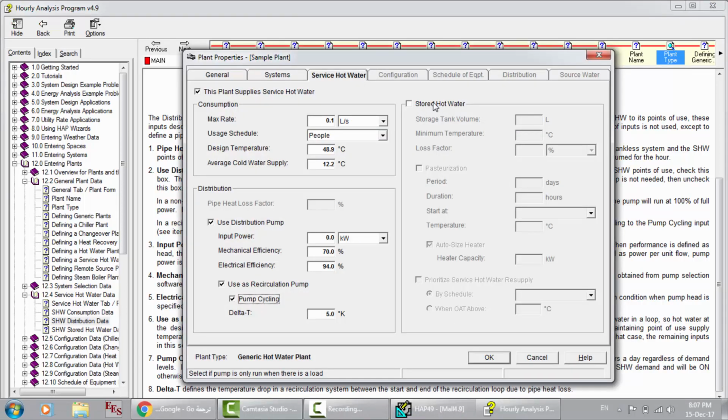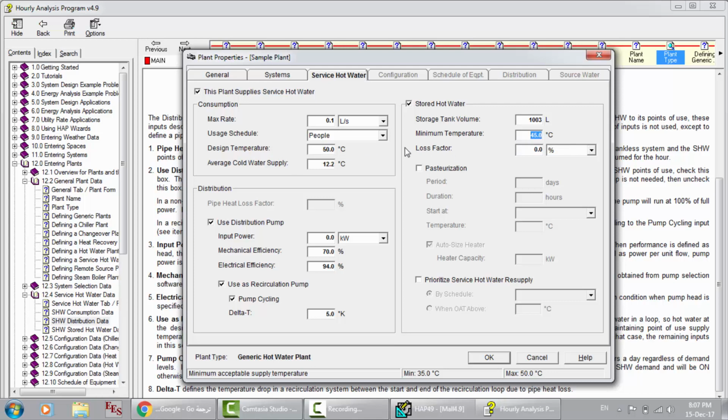So if we have stored hot water, a storage tank to store the hot water, we have here the tank volume. You have to get it, and the minimum temperature that is needed inside the tank, maybe 45, and if it is here 50, so if the temperature reaches 45, the system will run until it becomes 50 again.